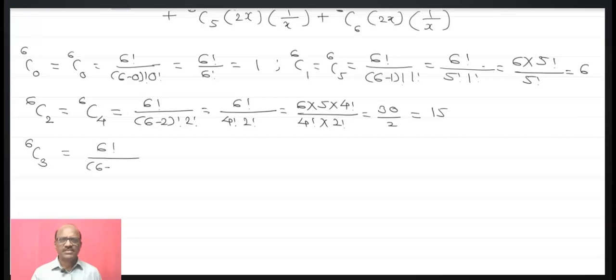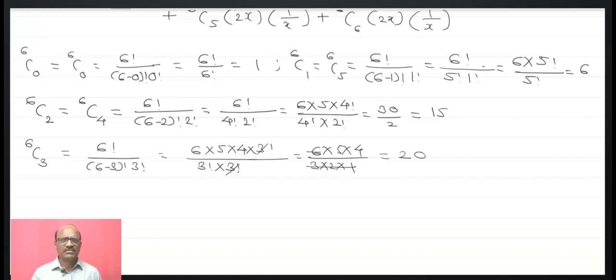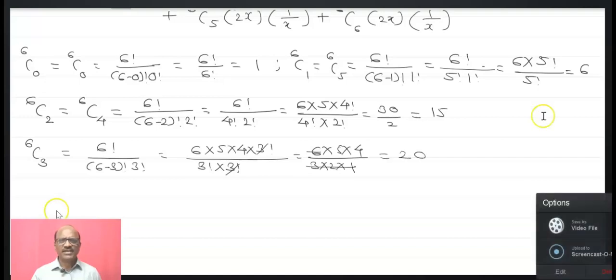The value of 6C3, it is an independent value. It does not match with the remaining other values, and its value is, now see this value, you can write here. 6C3 is equals to 6 factorial upon 6 minus 3 factorial into 3 factorial. This 6 factorial can be expressed 6 into 5 into 4 into 3 factorial.